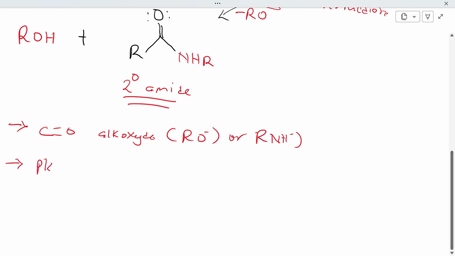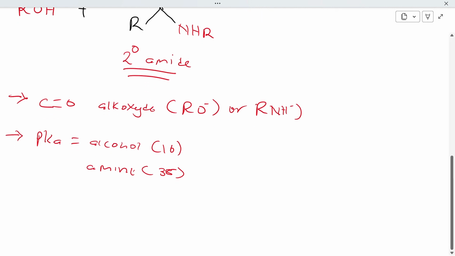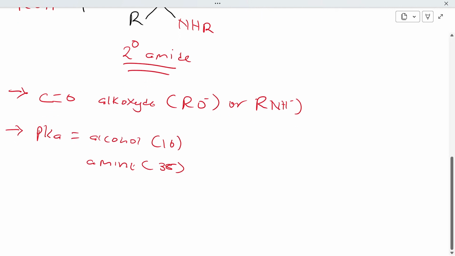Try to check their pKa. You'll realize that alcohol has a pKa of 16, and amine has a pKa of 38. So for that reason, the alkoxy group is a weaker base, therefore a better leaving group.